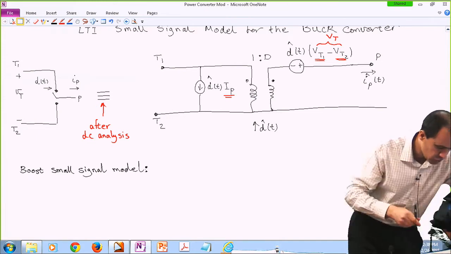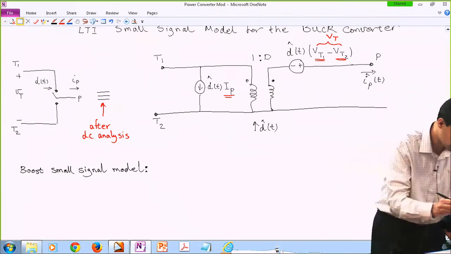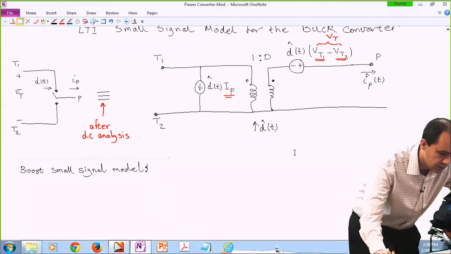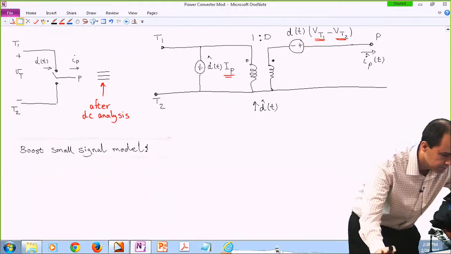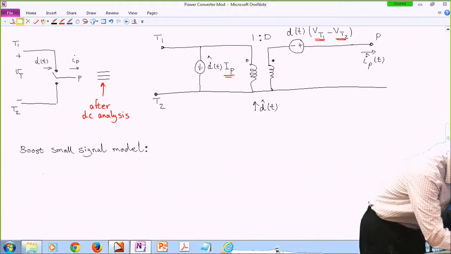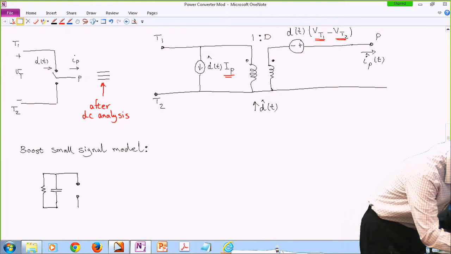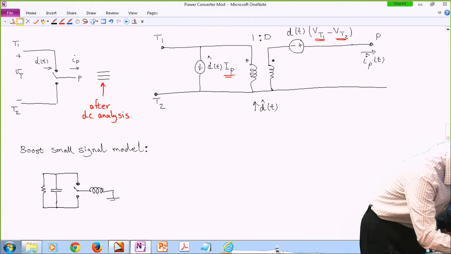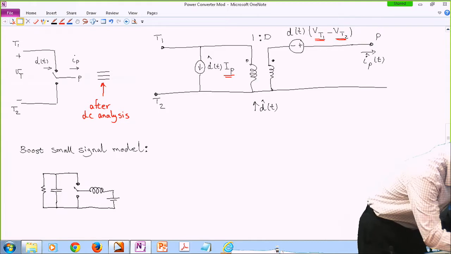All right, so let's go back to the schematic of the boost topology, and I'm drawing it in the standard form. The throws are on the left, the pole and the inductor are on the right. And the throw voltage is positive because the output voltage is positive.